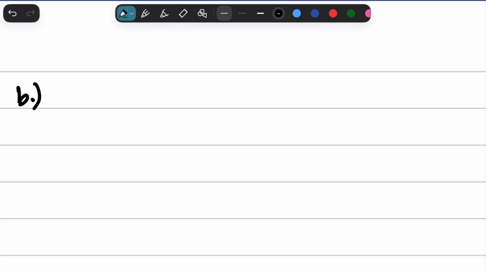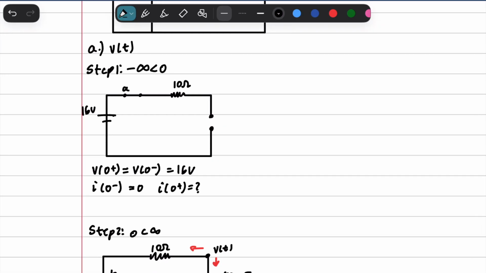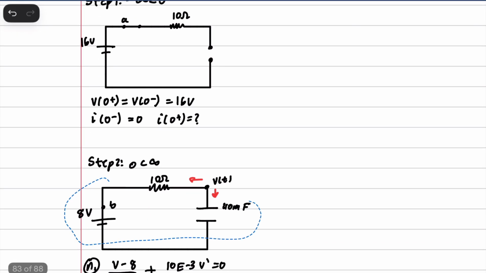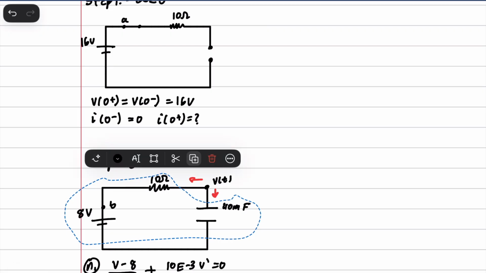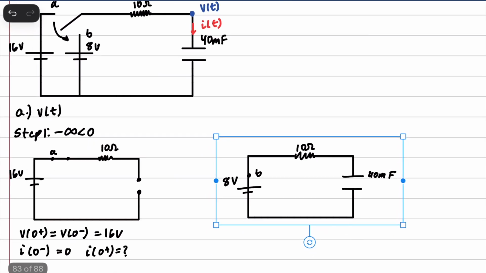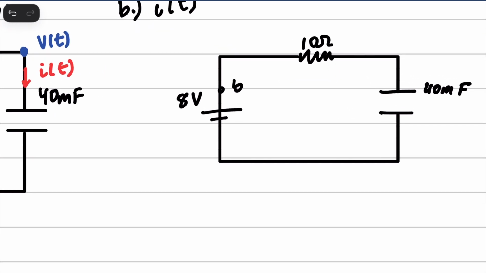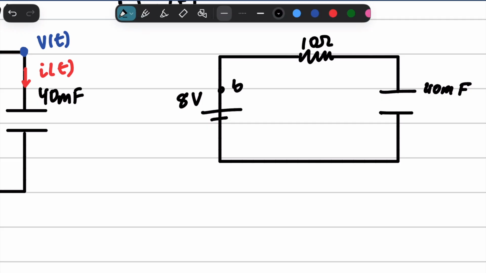Let's go ahead and solve for I of t. We're going to solve for I of t in the exact same way as last time. We're going to solve it with a loop analysis, and then we are going to solve it using a trick with the nodal analysis like last time. Literally the same thing, guys.